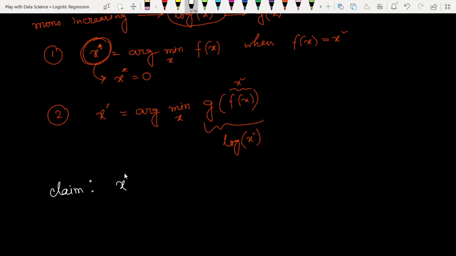We claim that our x star is equal to x dash, since g of x is a monotonic function. Okay, then we claim it.